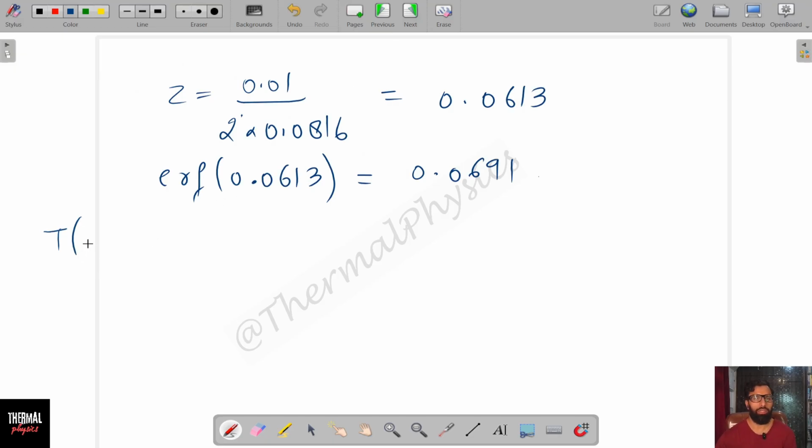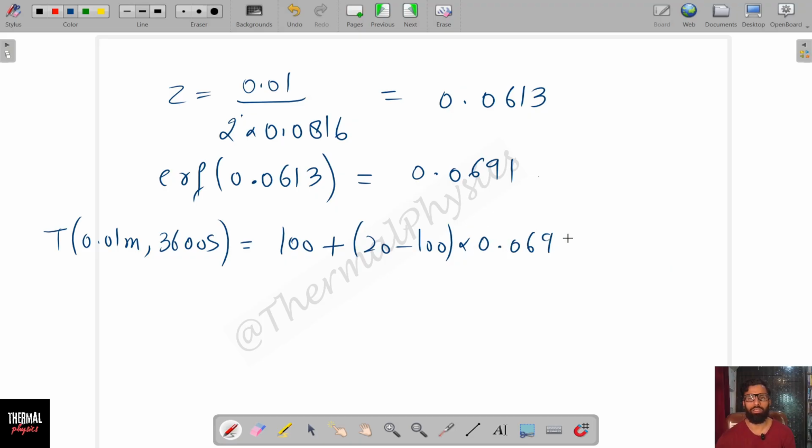So our T at 0.01 meter and after 3600 seconds will be T surface, which is 100, plus T initial, which is 20, minus T surface, again 100, times the error function of that argument, which came out to be 0.0691. So 20 minus 100 is minus 80.